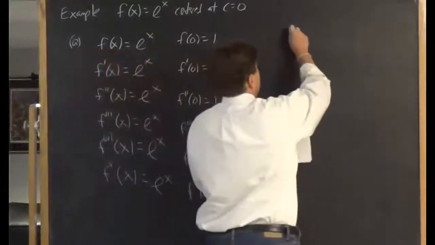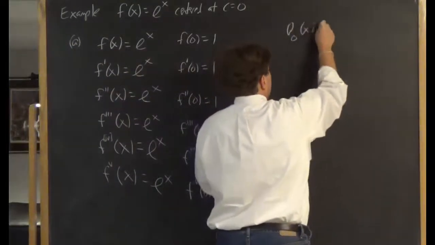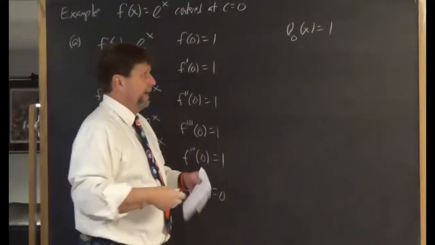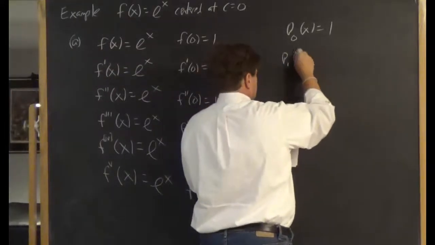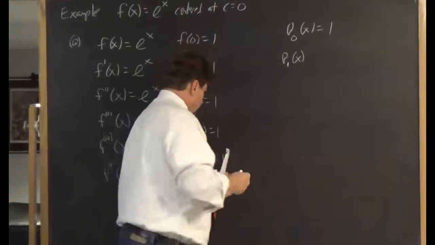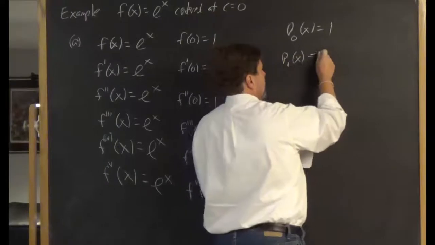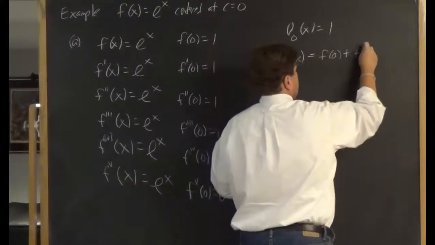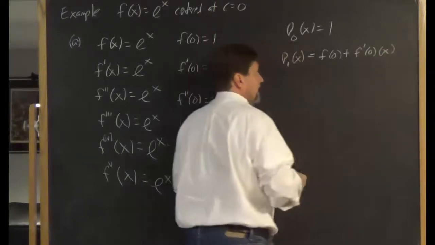So the polynomial of order 0, well, it's just 1. It's not going to do a very good job of approximating. The polynomial of order 1, well, remember, the definition would say that's f of 0 plus f prime of 0 times x minus c.